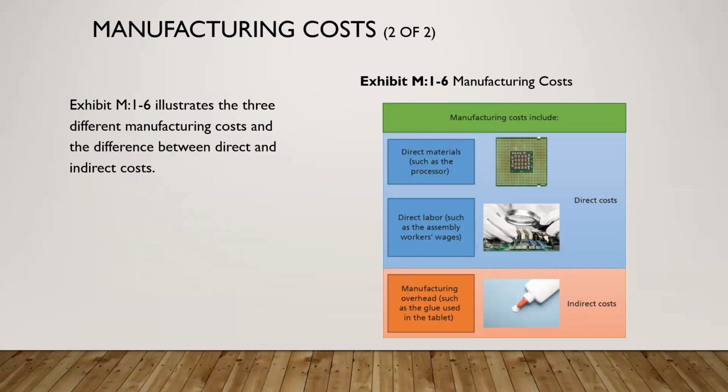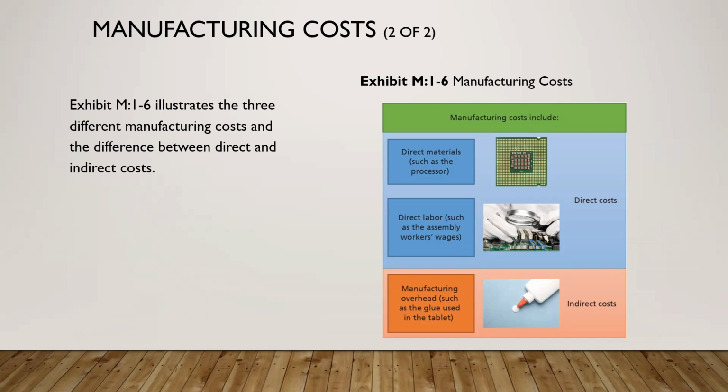Here you see in Exhibit 1.6, it illustrates 3 different manufacturing costs and the differences between direct and indirect costs. Direct materials, such as the processor, that's the direct material. The direct labor is the assembly workers' wages.